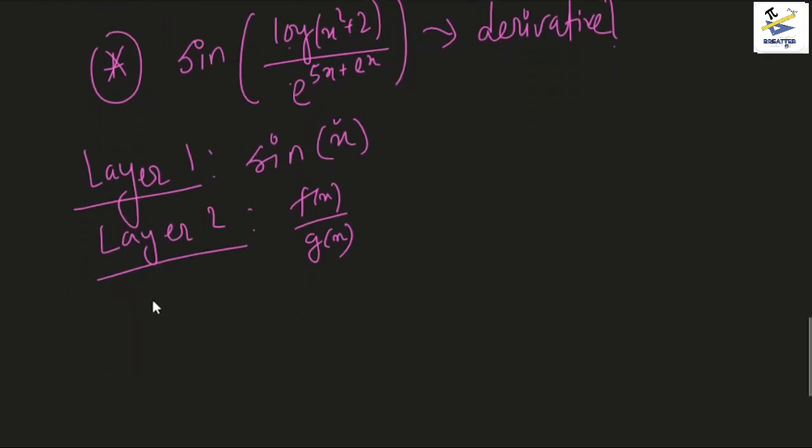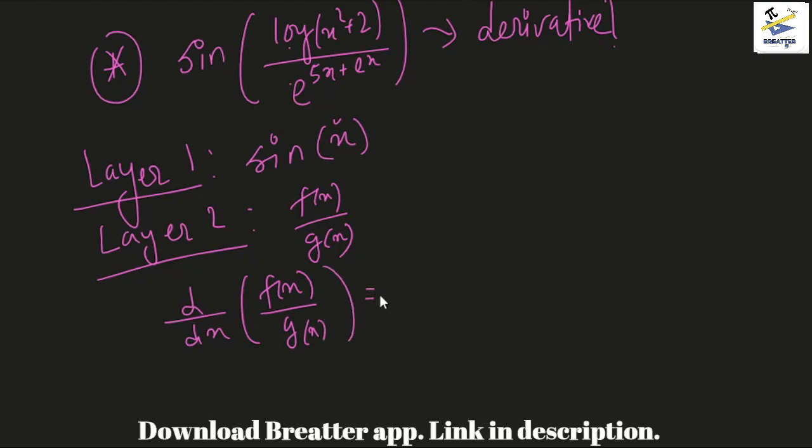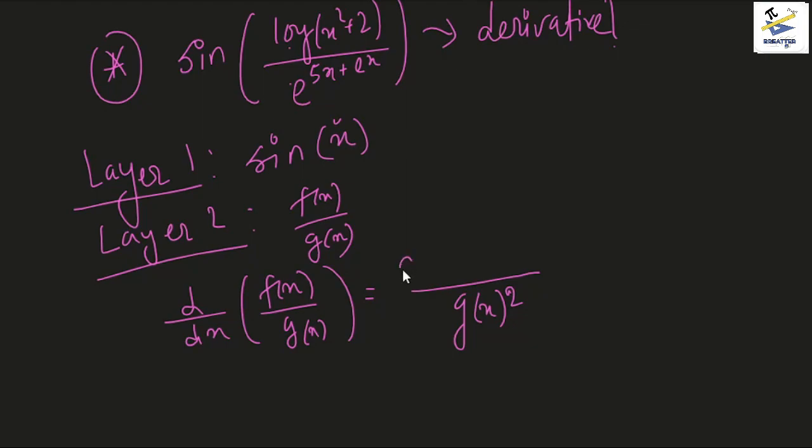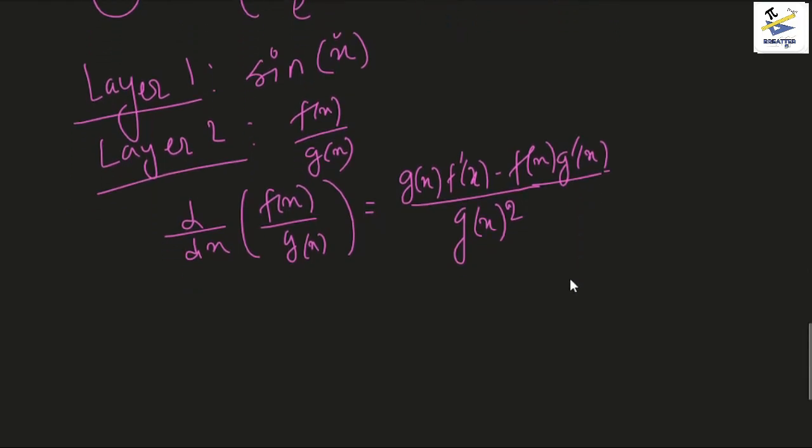I'll just write it down here, that d/dx of f(x) by g(x) can be evaluated as f(x) into g prime x, right?